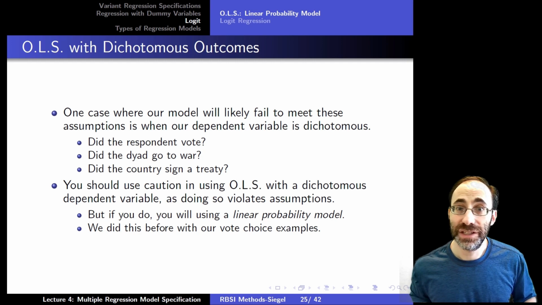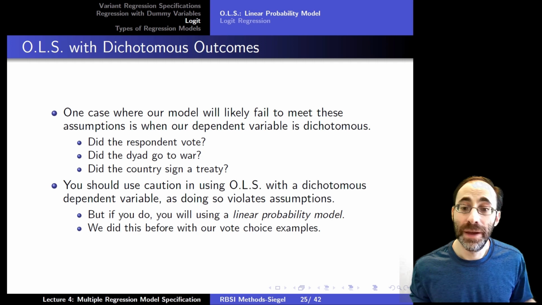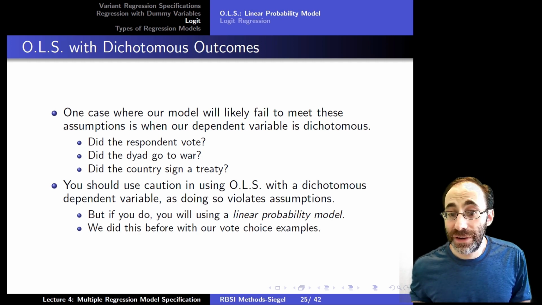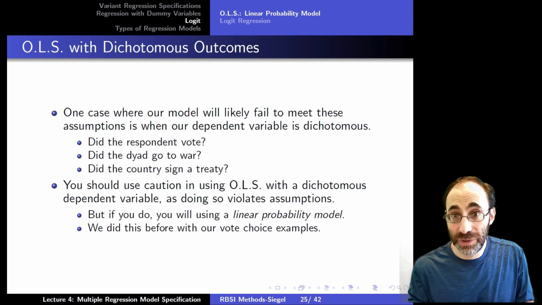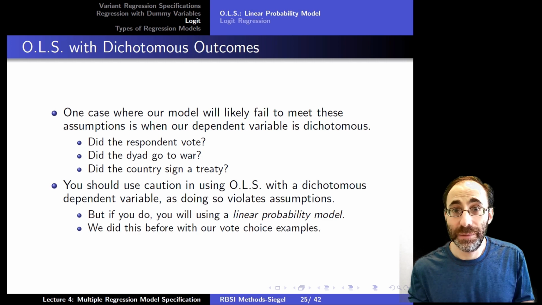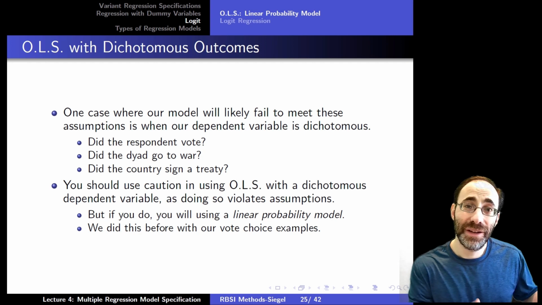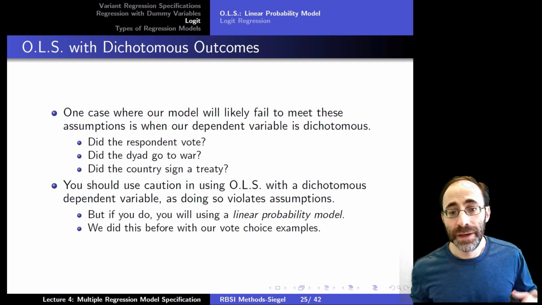You should be careful in these cases using O.L.S with a dichotomous dependent variable because you're going to violate assumptions of O.L.S. However, if you go forward and do this anyway, which many people do, you'll be using a linear probability model, which is actually quite common in economics, in part because of interpretability reasons, as we'll discuss in a second.